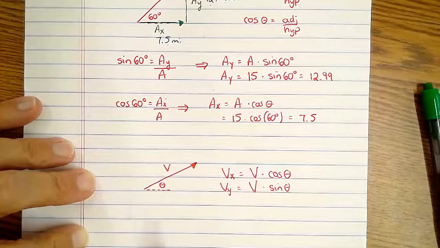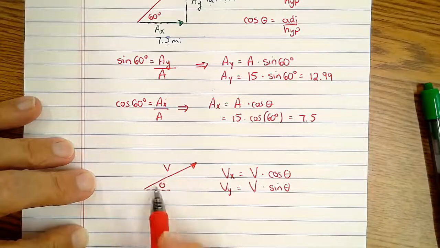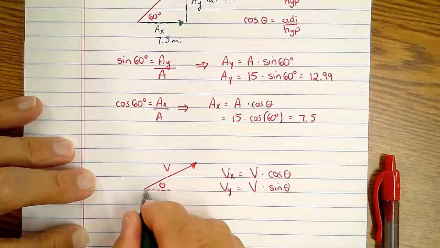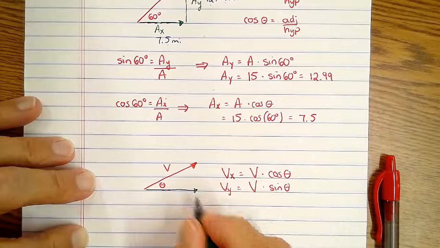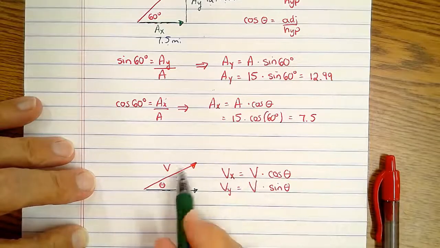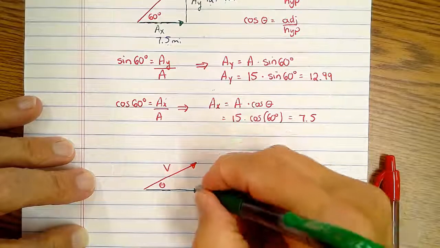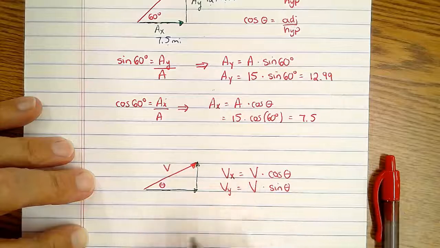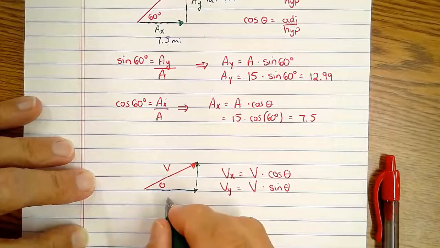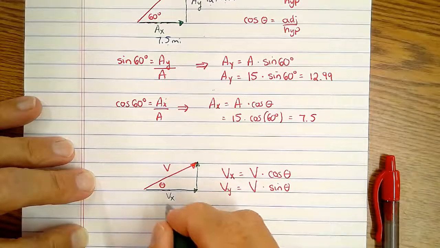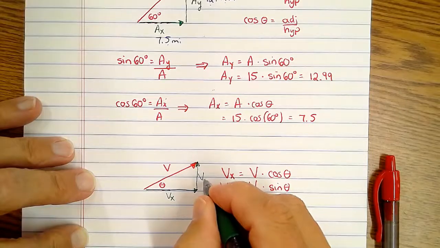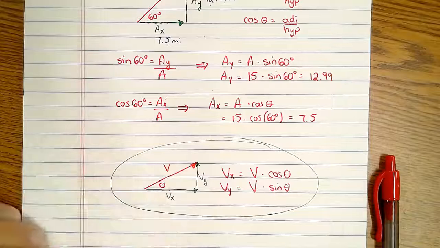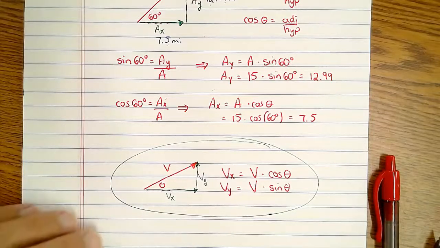So to find the horizontal component of this vector, which means how far it goes horizontally, you take v times the cosine of the angle. To find the vertical component, how far it goes in this direction, you take v times the sine of the angle. So this is the v in the x, and this is the vector in the y direction. We are going to use that to solve the problem that we're interested in.